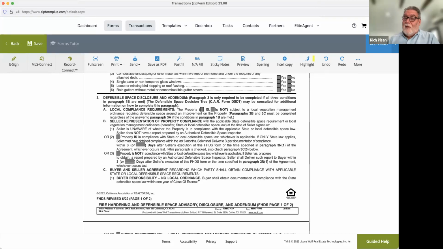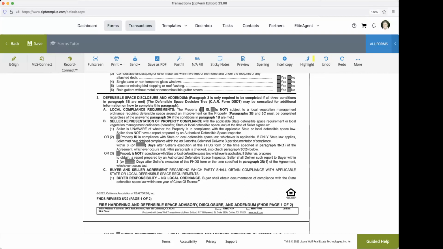So they will know. You ask your sellers who live in the hillsides whether there is a local ordinance about removing brush from around their house. I almost guarantee that they will know this. So once again, you answer whether it is or is not a requirement to clear brush around your house.